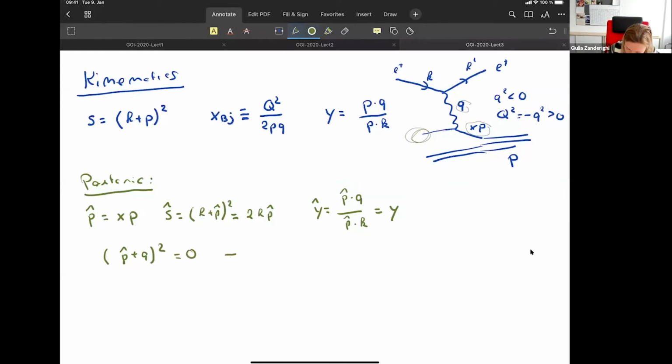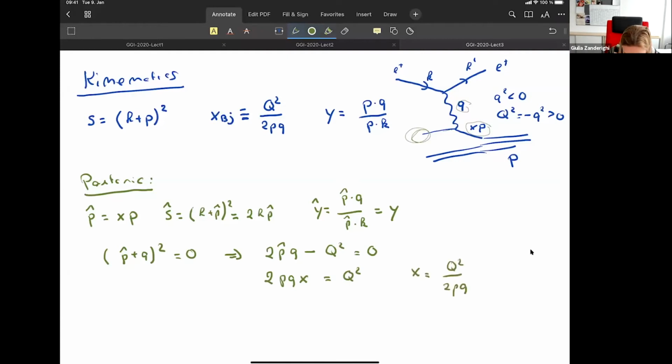And now, if you expand this, you get 2 p hat·q plus q squared, or minus q squared, equals 0. And now, if you compare this, we can also write this as 2p·q x equal q squared. So x equals q squared over 2p·q.